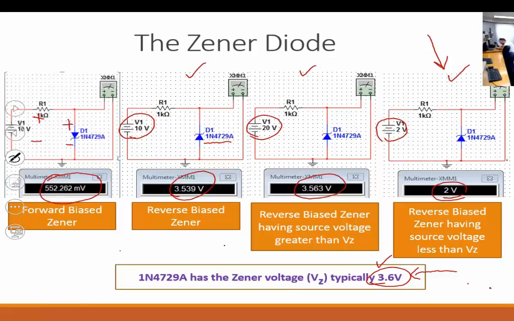In forward bias too, it's a traditional diode. But once you pass the VZ value that the diode is designed for, it will act as a regulator. That means it is going to be a closed circuit, which will allow the current.